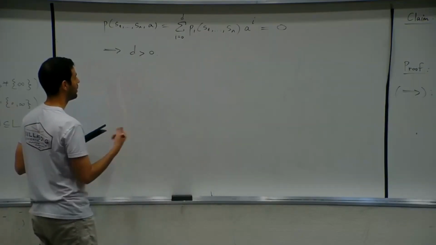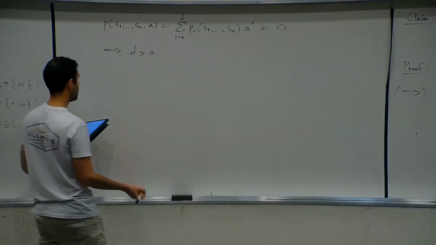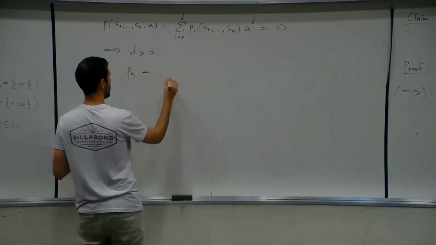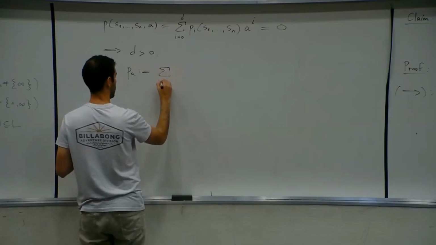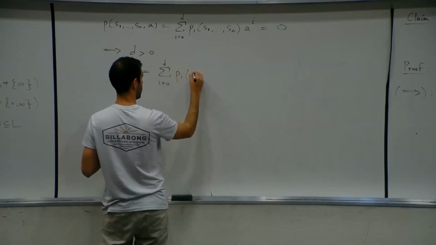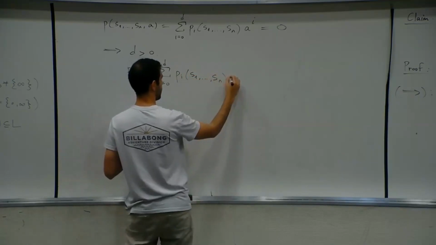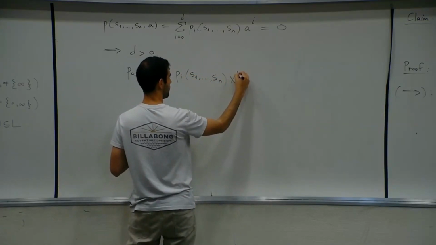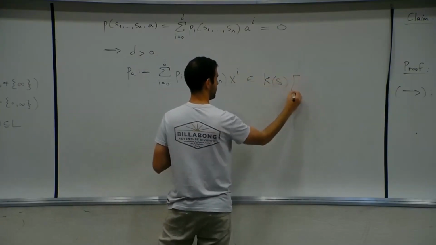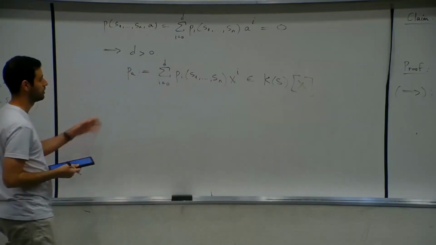So d is positive, and what is our P(A)? It is the sum of Pi(s1,...,sn) X to the i. This is a polynomial in K(S)[X].